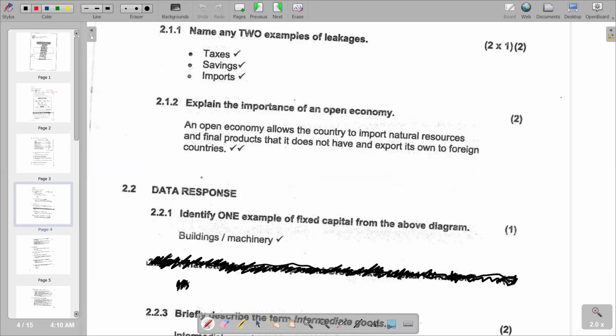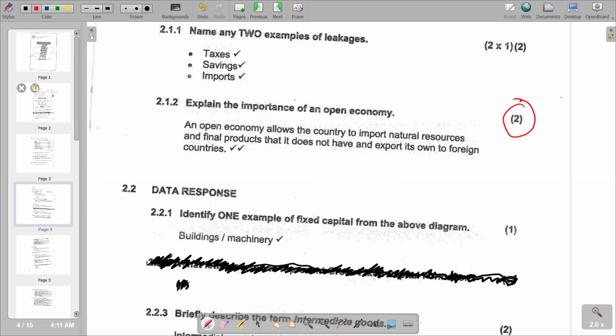The acquisition of natural resources that are not available in the local economy can also be the importance of an open economy. These natural resources are acquired through imports. The question has 2 marks.